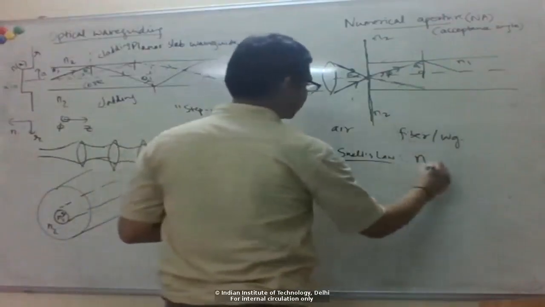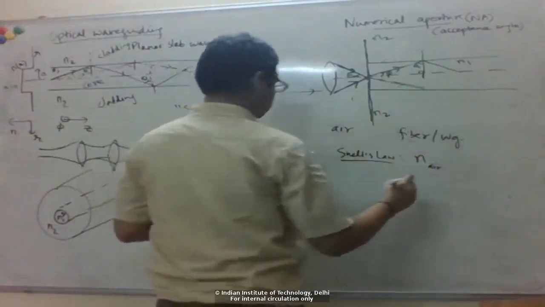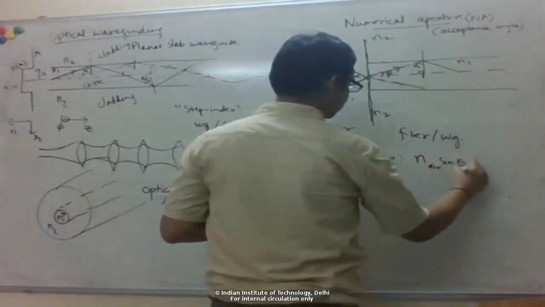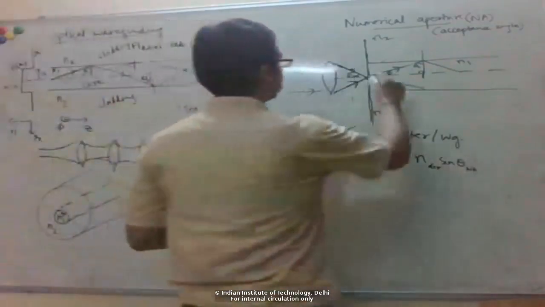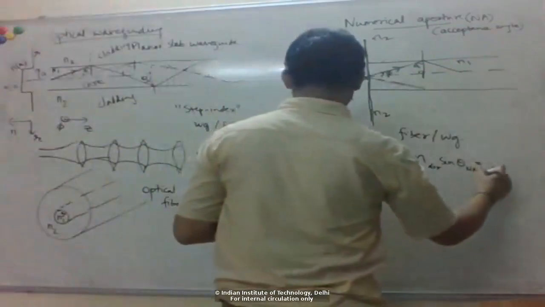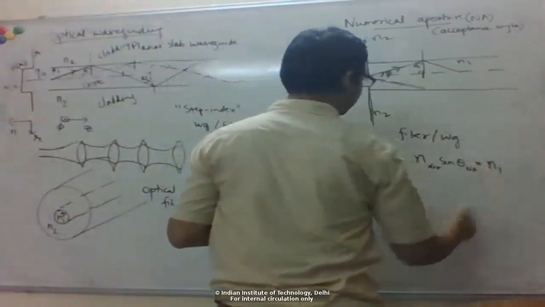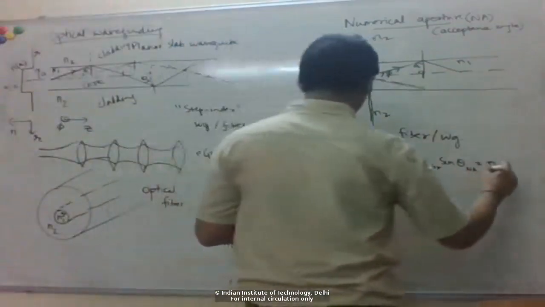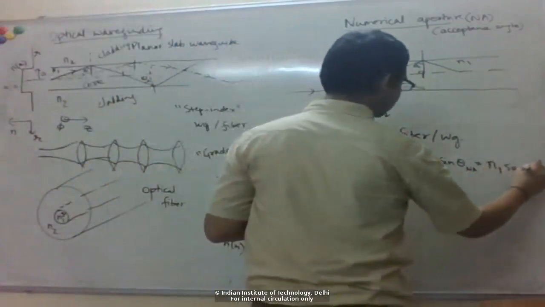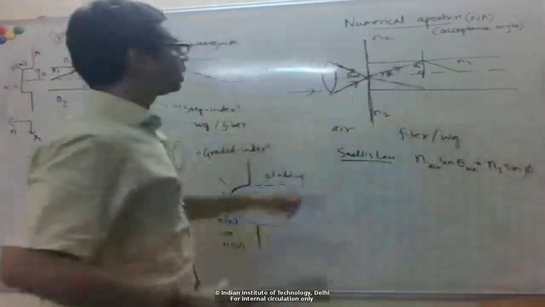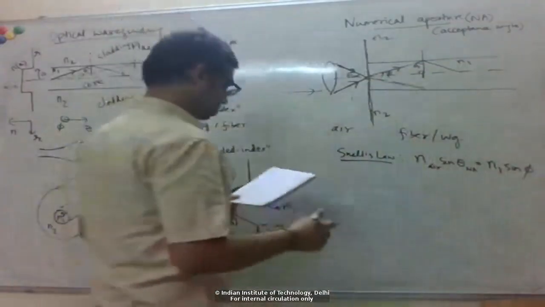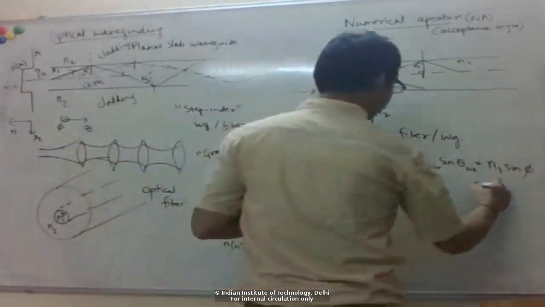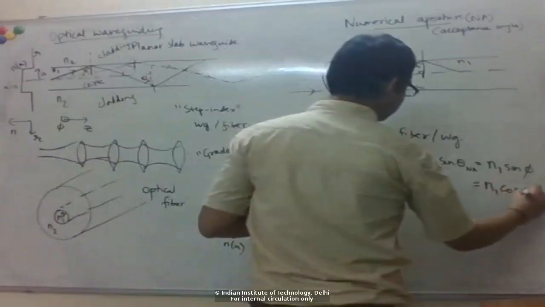So again, Snell's law. On the left hand side I have air times sine theta NA. And on the other side, I have N1, the core refractive index, times sine of this angle phi. You can see phi is basically 90 minus theta c, so I can write this as cosine of theta c.